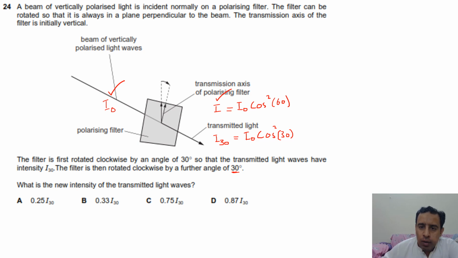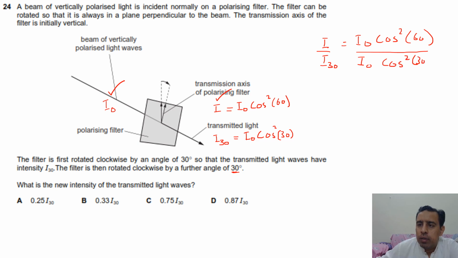If we look at these answers, all answers are in terms of the intensity when the angle was 30. So if we divide these equations, then I over I30 is equal to I naught cos square of 60 divided by I naught cos square of 30.